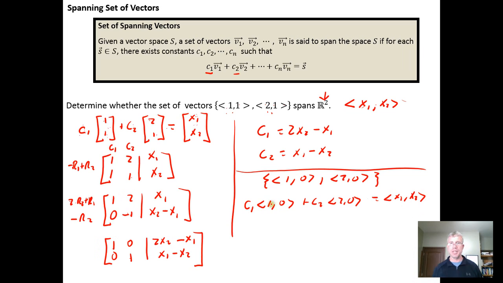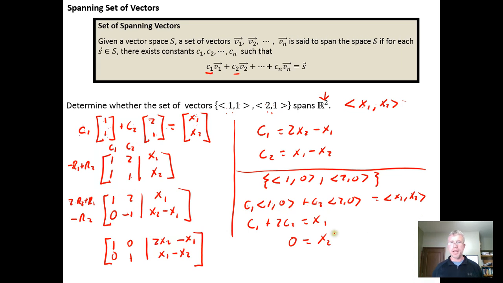And when we do this, we get c sub 1 plus 2c sub 2 equals x sub 1, and then we get c sub 1 times 0 plus c sub 2 times 0, which is just 0, has to be x sub 2.